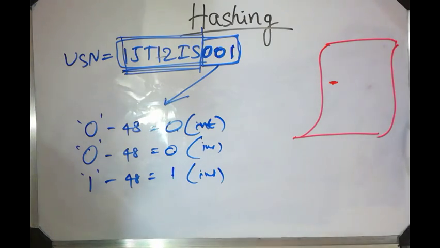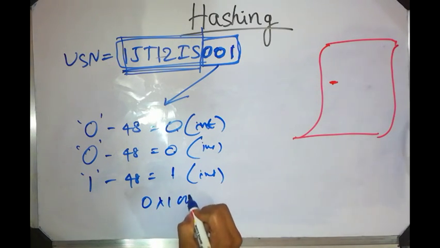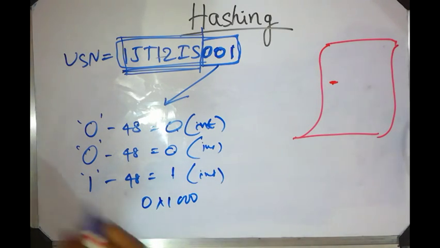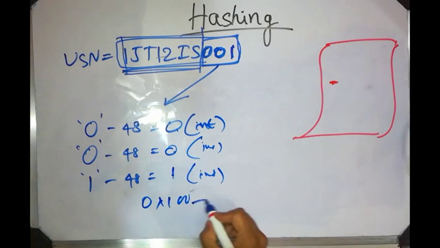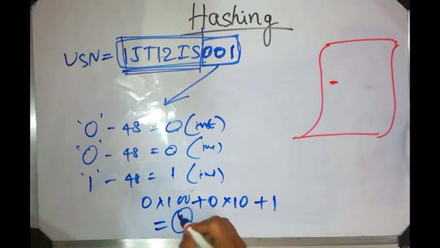So I think in the program that we are going to see, what they've done is they have taken 0 into 100, 0 into 100 plus 0 into 10 plus 1. So this will ultimately give you again 1, right?